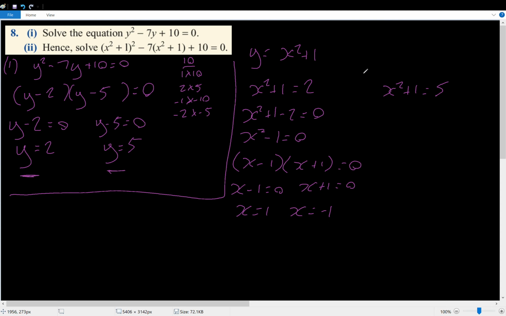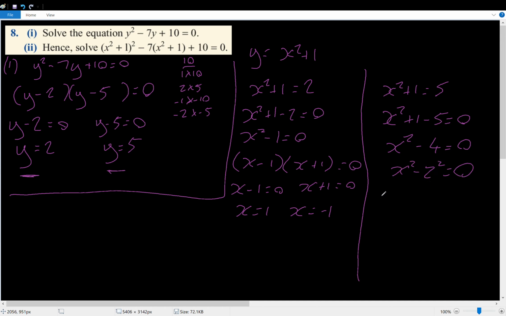And now we're going to see what happens when we do the second one. We bring our 5 over and we get x squared plus 1 minus 5 equals 0, which means we get x squared minus 4 equals 0. Now 4 can be rewritten as 2 squared, so we get x squared minus 2 squared equals 0.